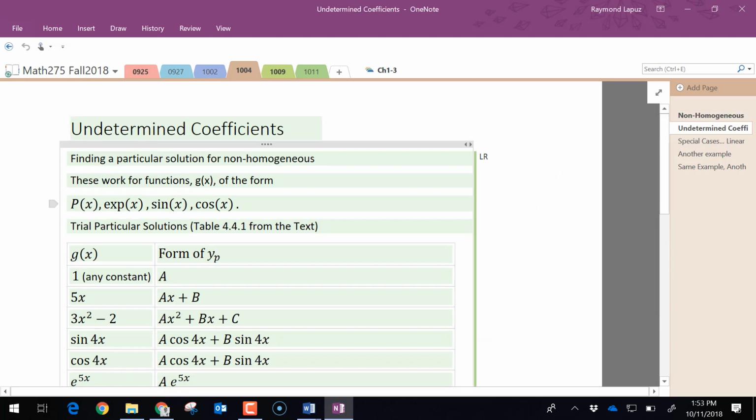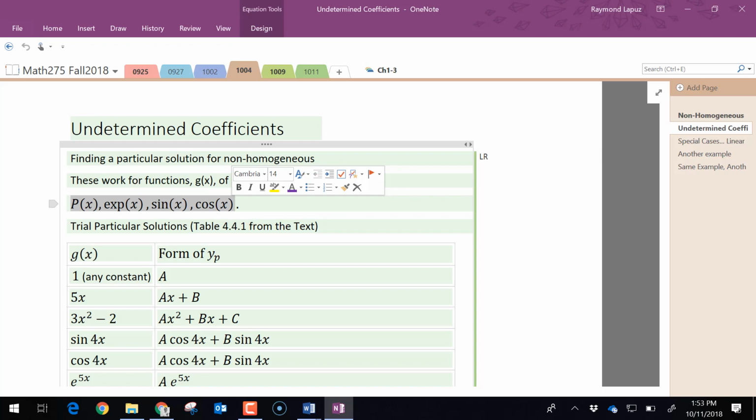So they only take these things. If you have a tangent, an ln, a 1 over x, some other combination, a secant or something like that, or even e to the x times sine x, you can't use this if you're multiplying. If you're adding e to the x plus sine x, then you can still use this.